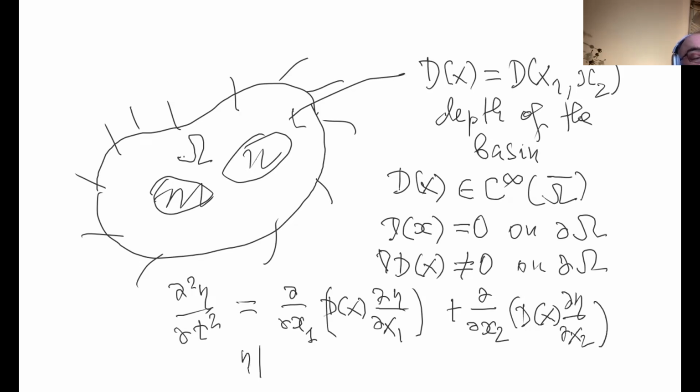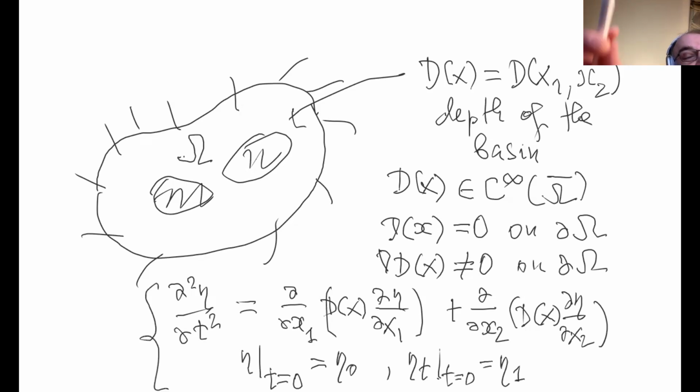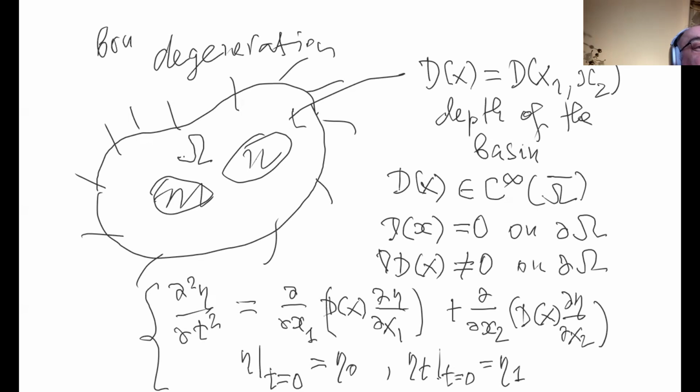Eta at the initial time is equal to some eta naught, eta t at the initial time is equal to some eta 1. Well, this is basically the Cauchy problem for a wave equation written in divergent form, and this equation degenerates on the boundary. Well, we have boundary degeneration here.